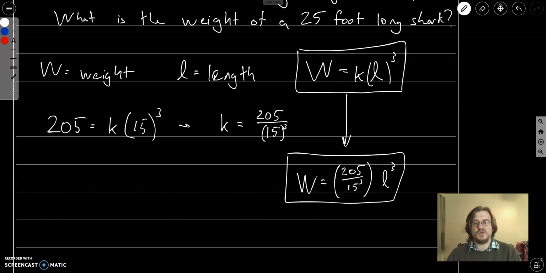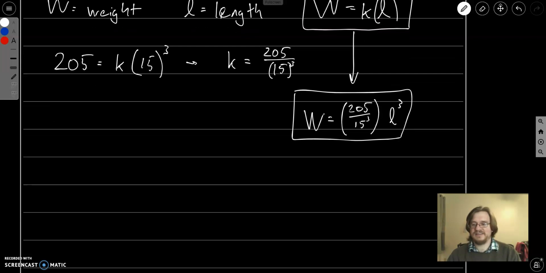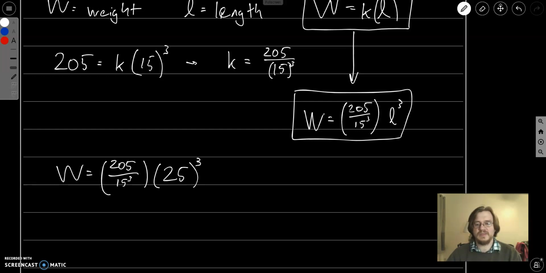And now, what is the weight of a 25-foot long shark? I can plug 25 in for L, and I've got my answer. So W is going to be 205 over 15 cubed times 25 cubed.